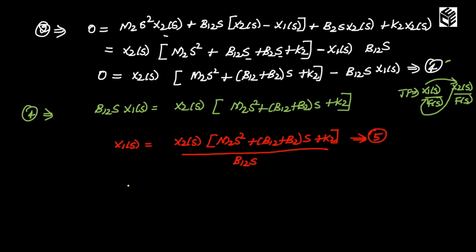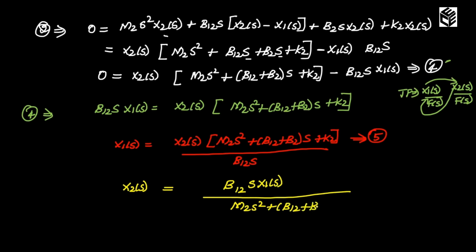In a similar pattern, I am going to find X2(s). So X2(s) is equal to b12 s into X1(s), the whole divided by (m2 s² + (b12 + b2) s + k2). I am going to take this as equation number 6.